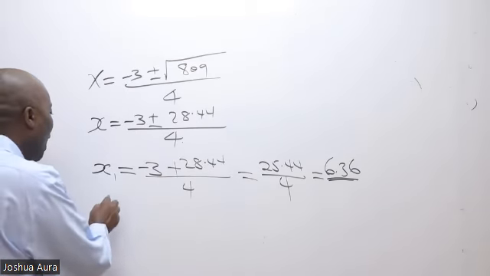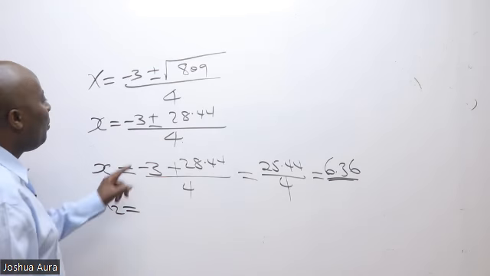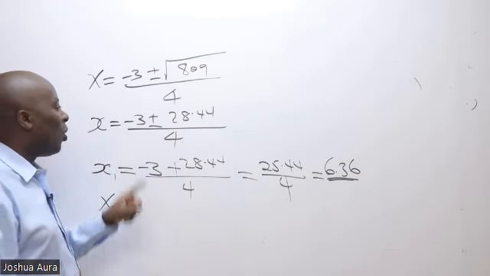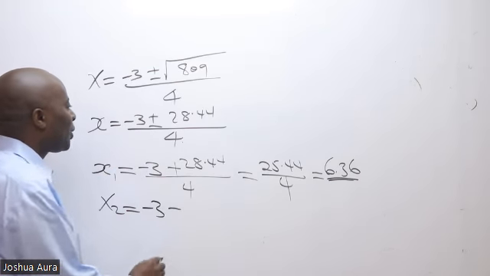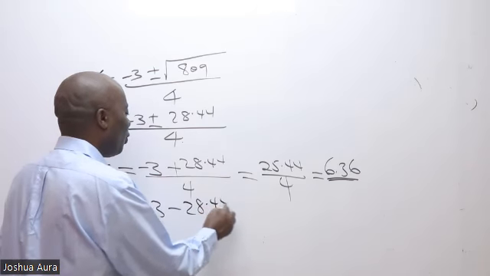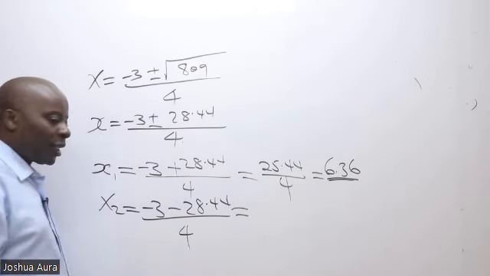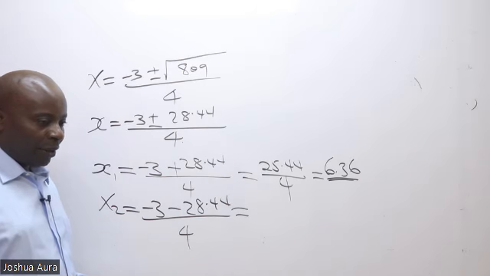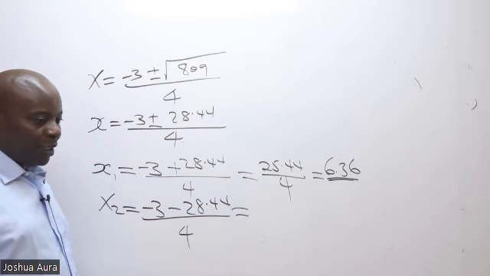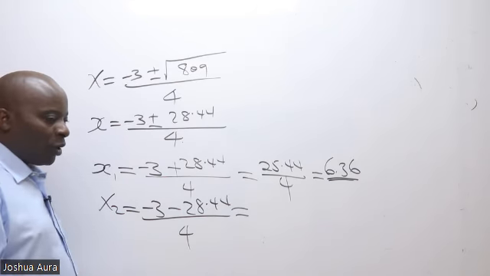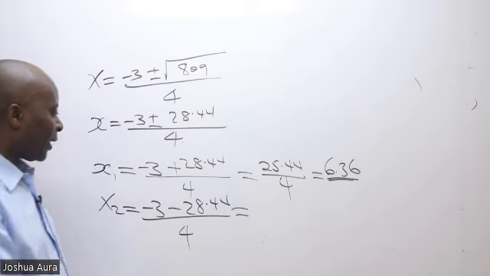And then the second value of x here will be when we have a minus sign alone, which will be minus 3 minus 28.44 all over 4. Somebody? Minus 3 minus 28.44 is minus 31.44.